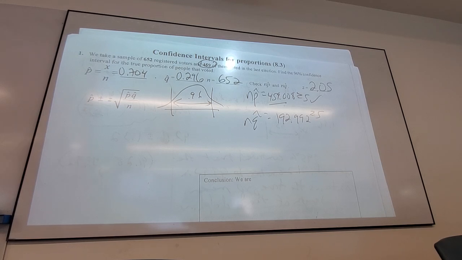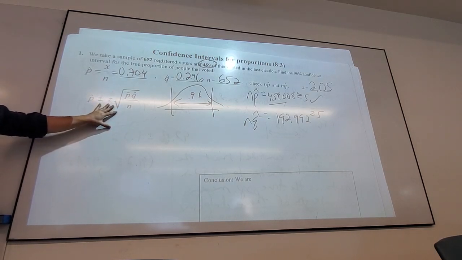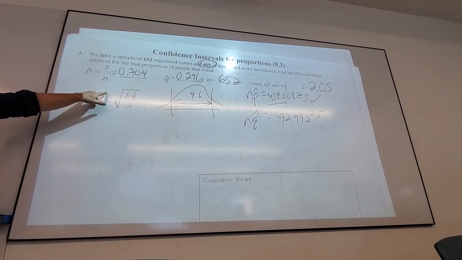So listen, the n p hat, n q hat condition is new. That is the only part of this that's new, besides, of course, this formula we derived, which has got to be on your formula sheet. Now you just have to plug and chug.